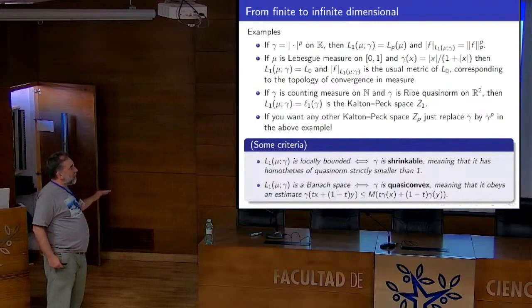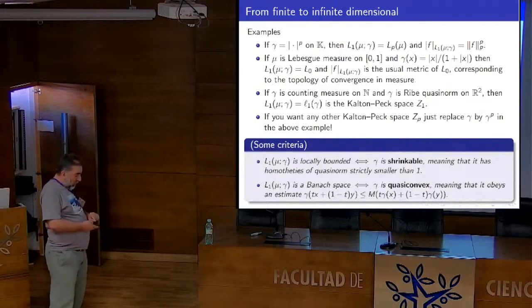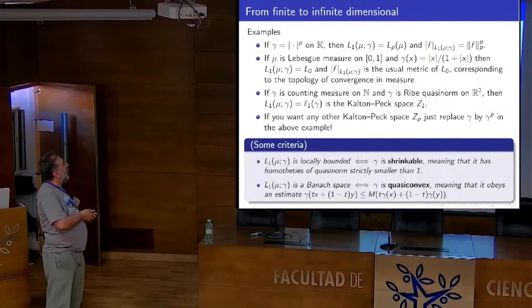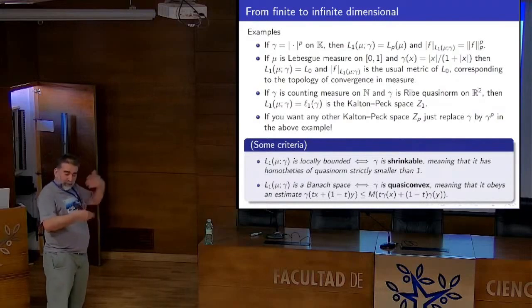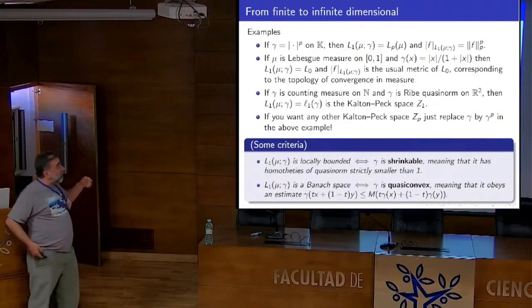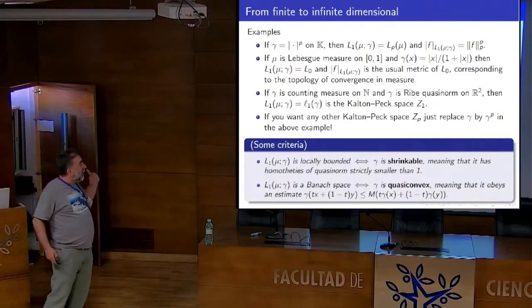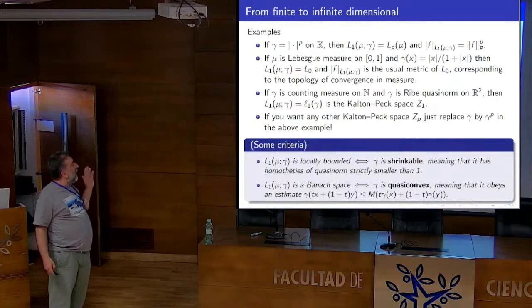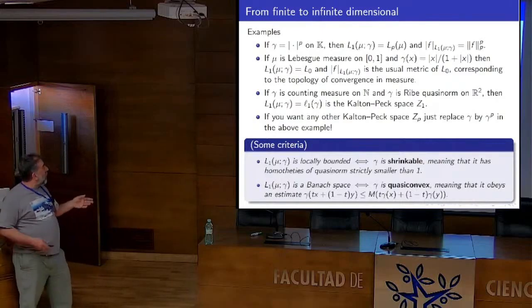This space has not appeared before because Manuel was talking about the Z2 space, but you can get the same just doing the following. You take here the Ribe norm, fix some p, replace gamma by gamma 2p, and then form the group of sequences. In particular, if you take p equal 2, then you get the genuine Kalton-Peck space.